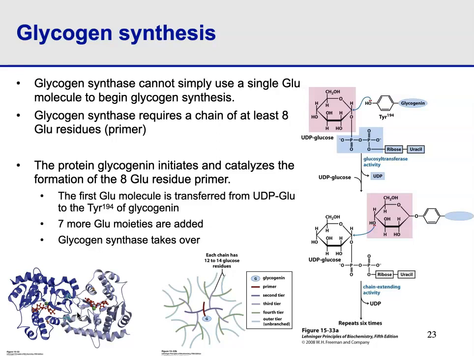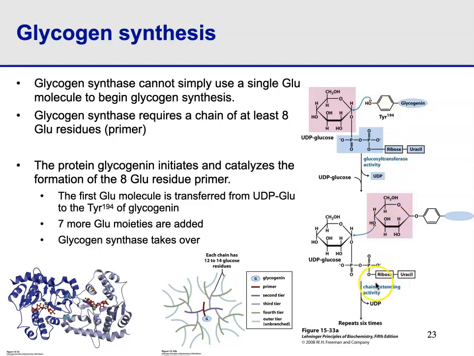That protein is known as glycogenin. It's shown right here. Glycogenin has the ability to bind UDP glucose and to add the first glucose residue to its tyrosine 194, to the hydroxyl group of tyrosine 194.